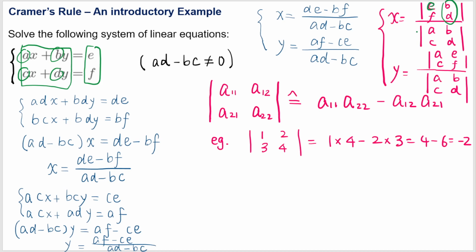So just put e, f here instead of a, c. You see that? And for y, this time we keep the first column unchanged, which is a, c, but replace the second column with the constants e and f, not b, d. Can you see that?